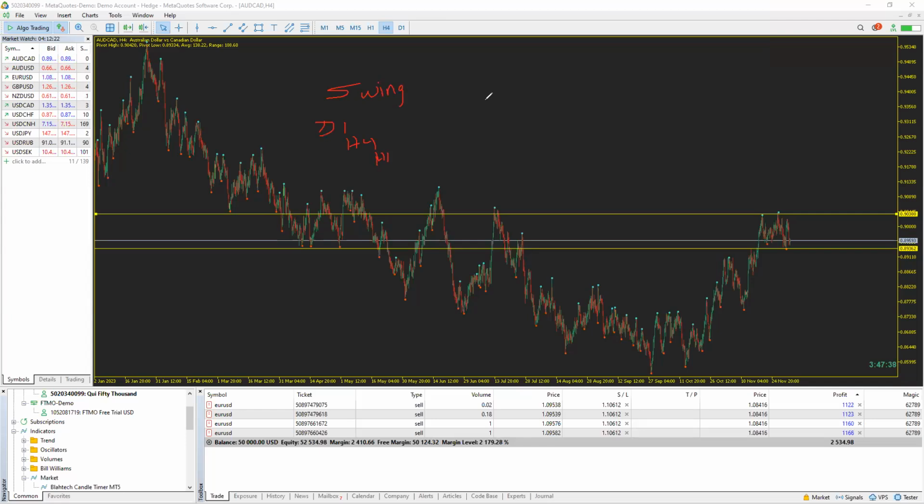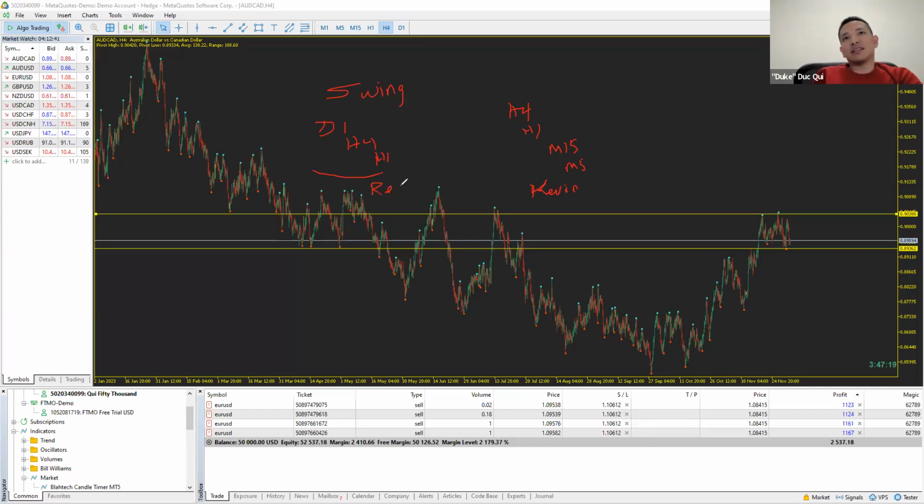Now there's an hourly swing, which is going to probably be H4, H1, M15. They might go down to M5. So Kevin is a swing trader, and he mostly does hourly. Rex tends to be daily. And then there's scalpers. So this is hourly, and this is daily.